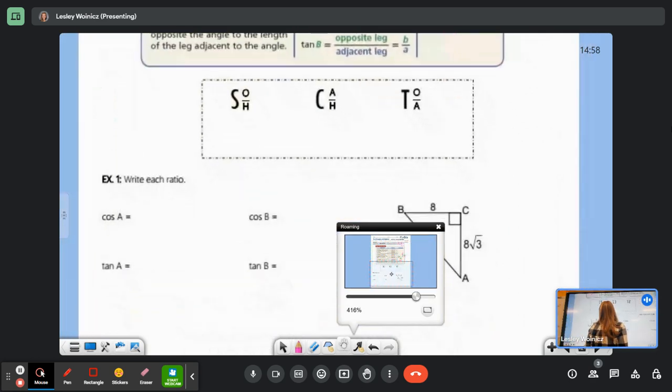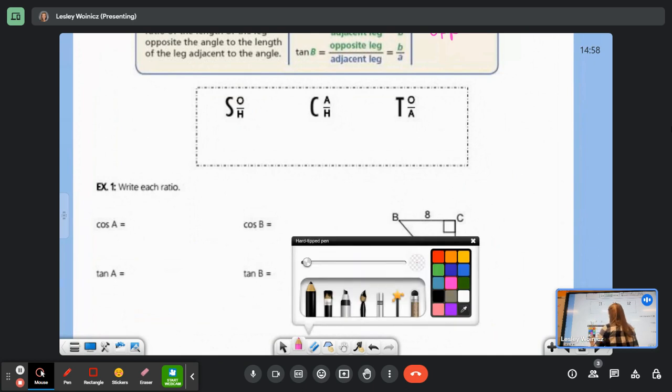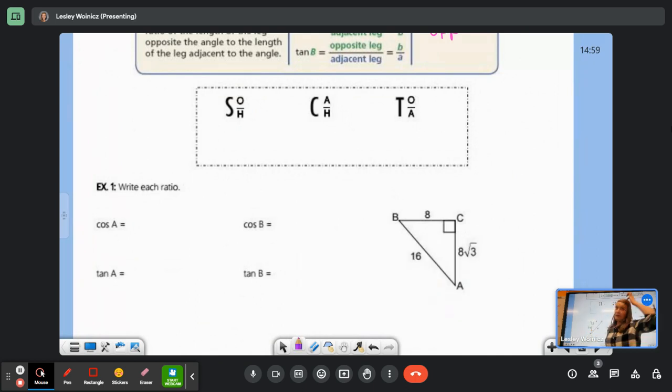All right, so this is a helpful little device that can help you remember sine, cosine, and tangent and the ratios. So this is your sine. It is opposite over hypotenuse. Cosine is adjacent over hypotenuse.